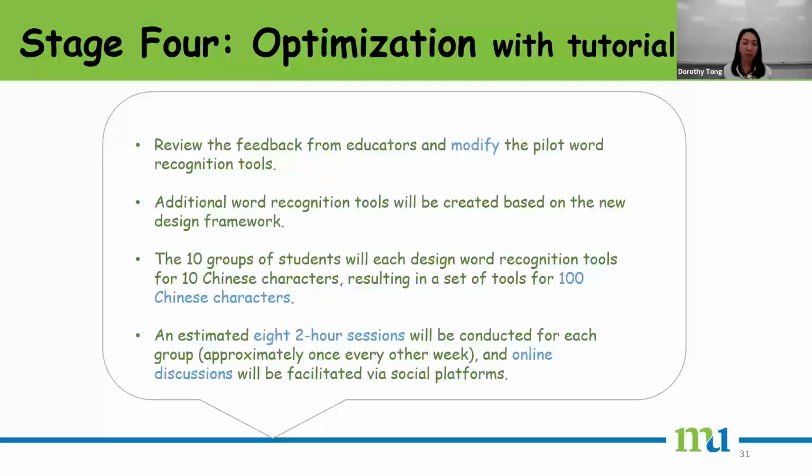We will communicate with the tutors, and then each group of students will again have at least 8 tutorial sessions and also online discussion with their tutors to design the final 10 different Chinese character recognition tools under the theme. So there should be a total of 100 Chinese characters.